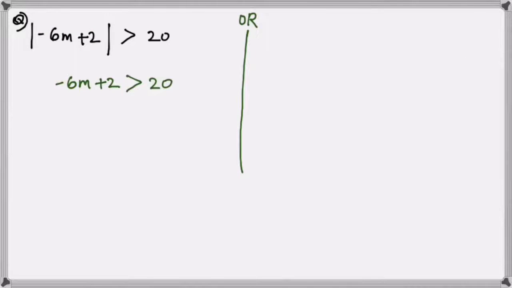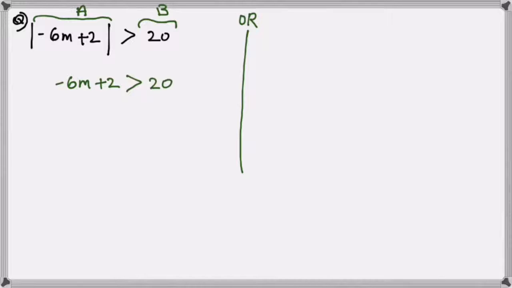So we need to solve this a greater than b, right? In this case, this is a, and this is b, correct? So we need to solve a greater than b, a, which is this, greater than b, which is this.